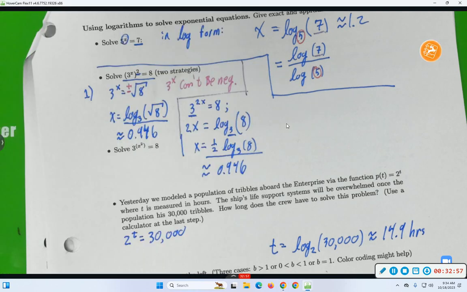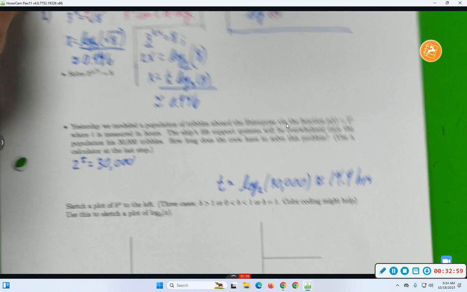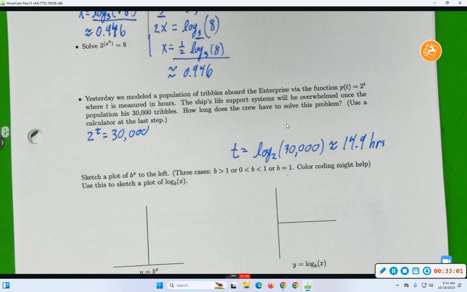Yeah. So, again, there are a few things to point out. 40,000 is a big number. You plug it into log and you get something pretty minuscule by comparison, like 15 hours. Logs keep on growing as you plug in bigger numbers, but it slows down by a lot. It gets real slow.